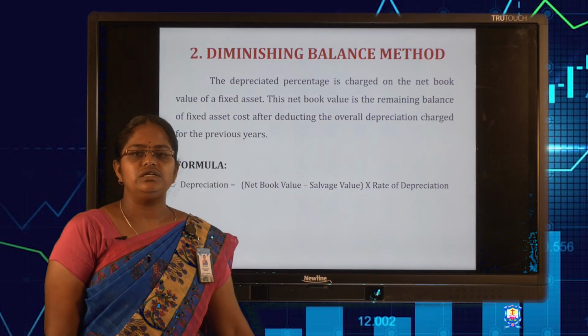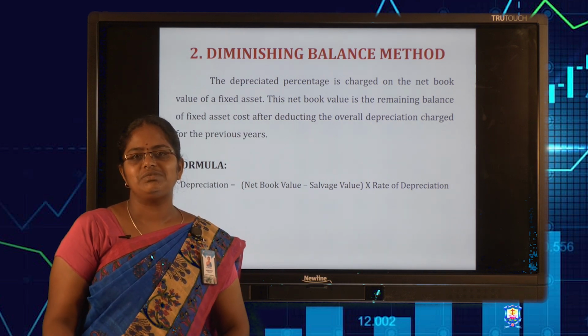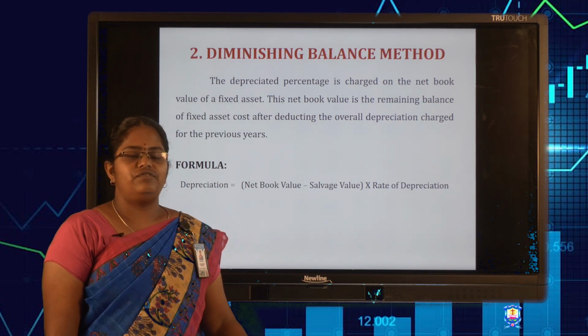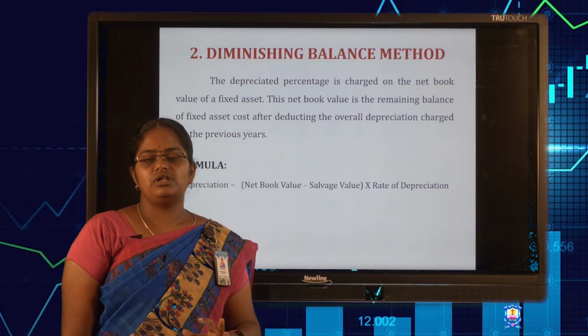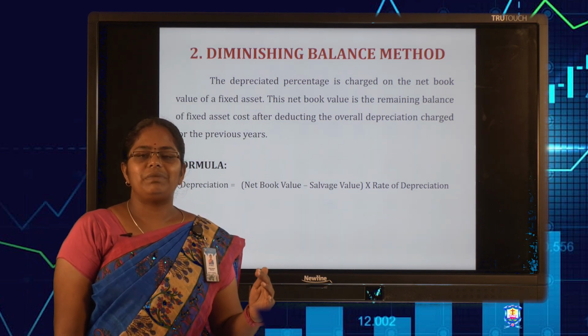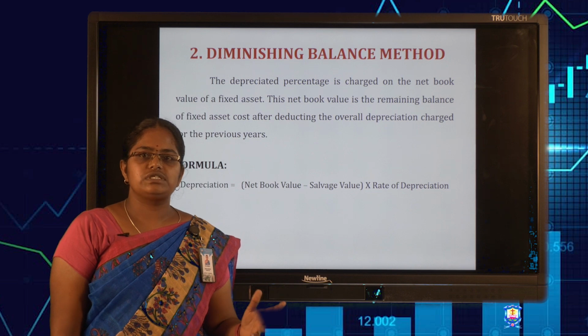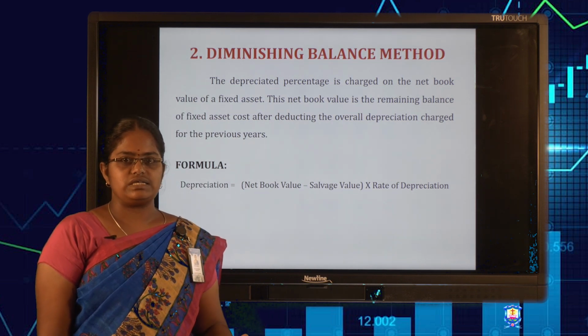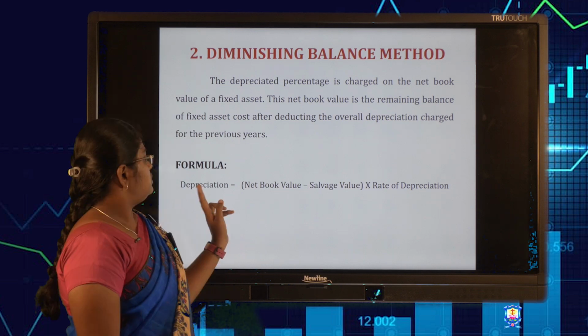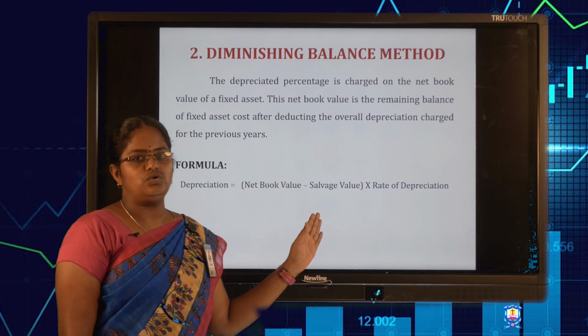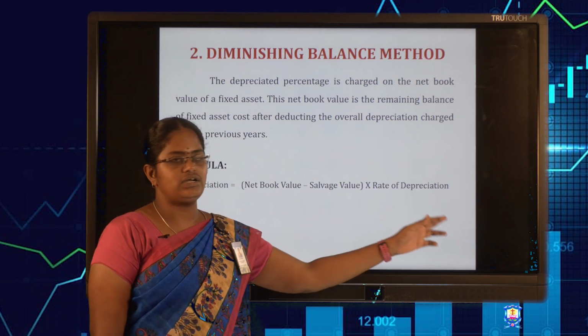Diminishing balance method: unlike straight line, the chargeable depreciation amount is different for every year. It is chargeable on the book value of that particular year, not on the fixed cost or original cost of the asset. It is calculated on the book value of the particular year. The formula is book value minus scrap value into rate of depreciation.